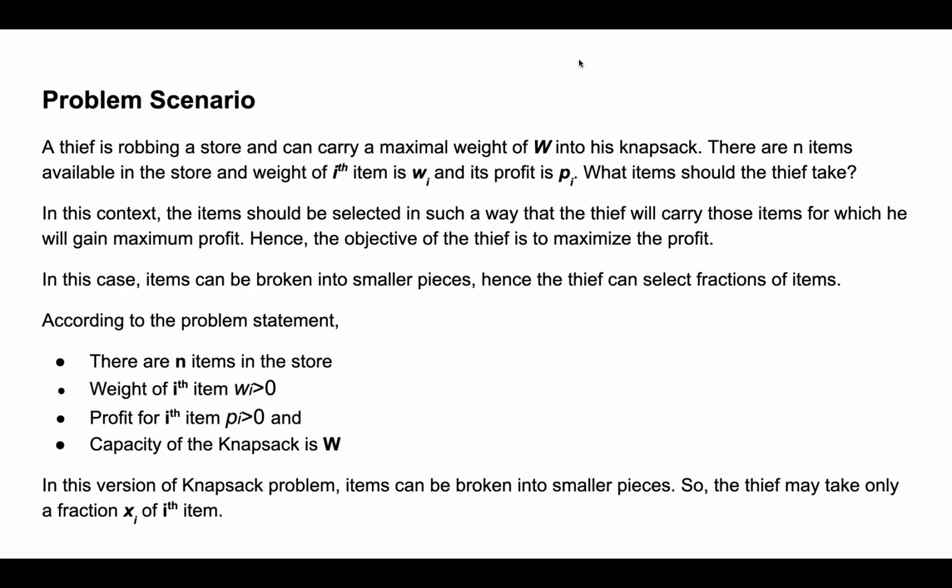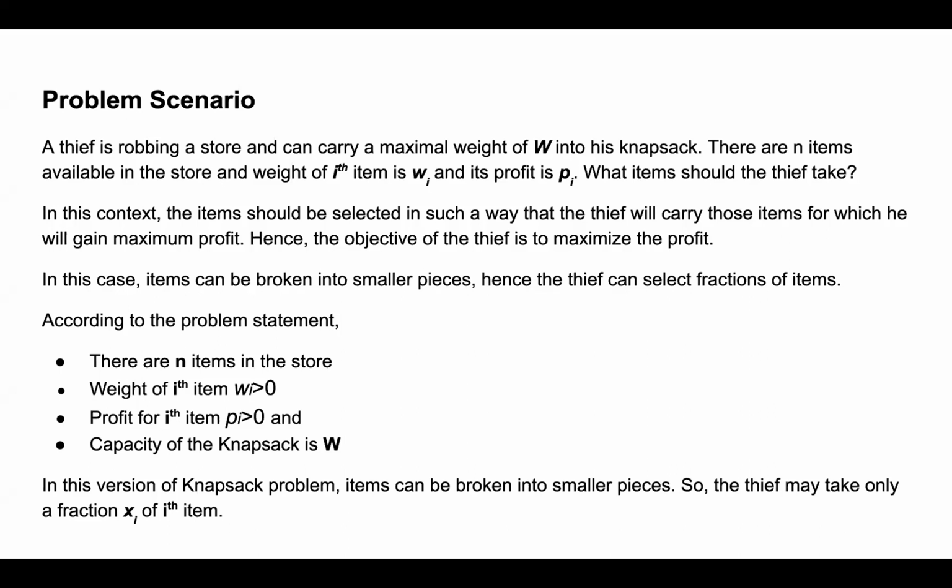Okay, what the fractional knapsack problem is? Here we can see that ith item will have some separate parts, or fractions, and those parts will be denoted by xi.